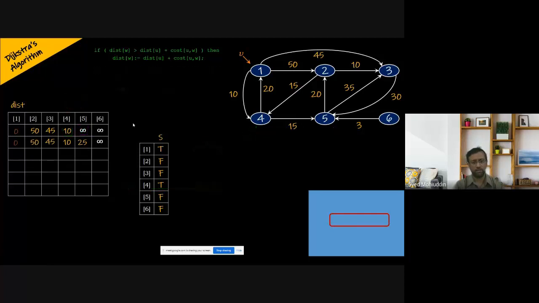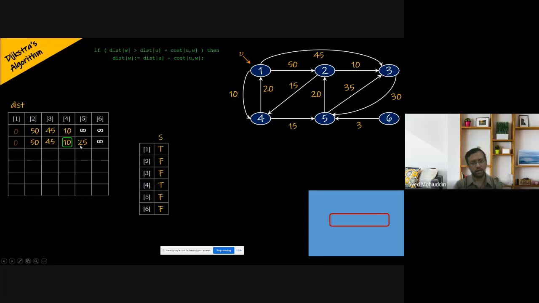Then, in the next stage, we have to choose the vertex which has the least distance. It is 10. Now 10 is for vertex 4. Then we look in the array S whether vertex 4 has already been visited or not. We have true, so vertex 4 is visited.